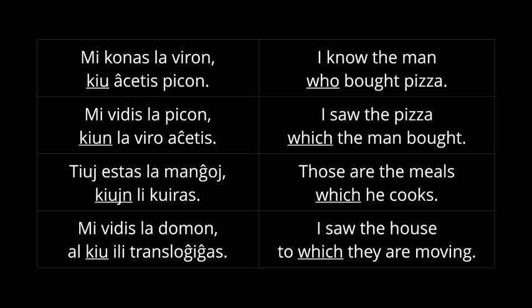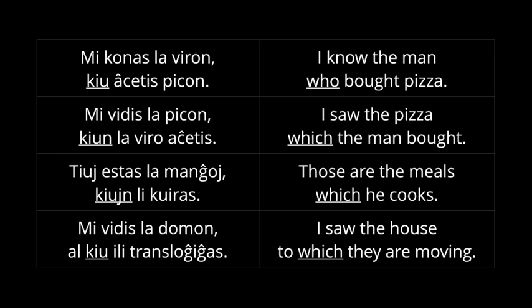So since he's the subject of the clause, he doesn't get an N on the end. So it's "kiu aĉetis pizzon." In the second one, the pizza is the object of the clause. The man is buying the pizza. So it gets an N. So what determines how the pronoun is inflected is how the pronoun is used inside its clause, not what it is in the bigger sentence.